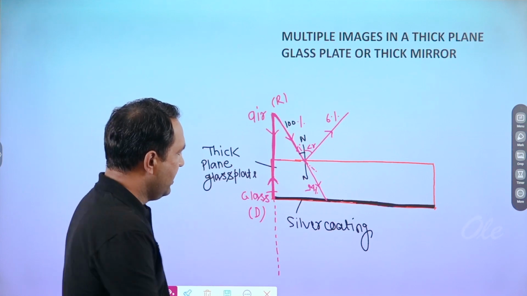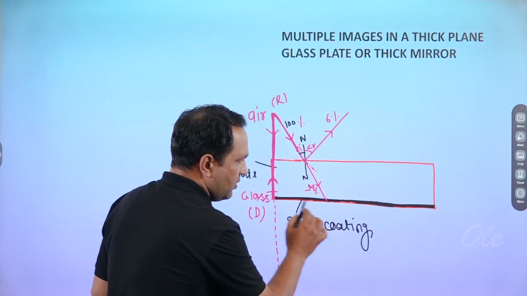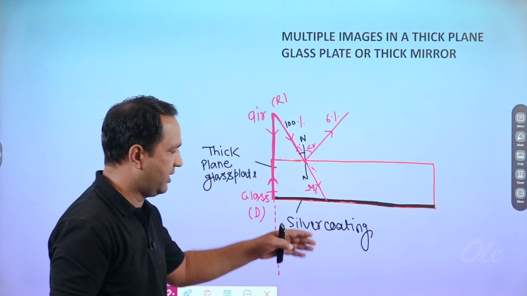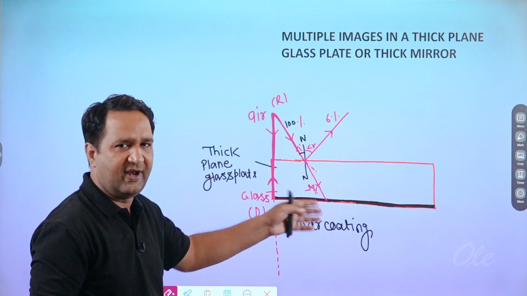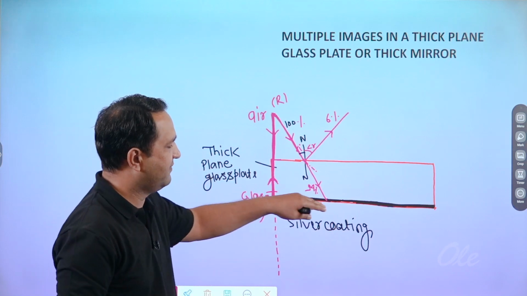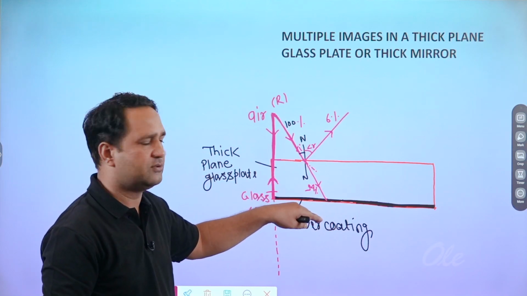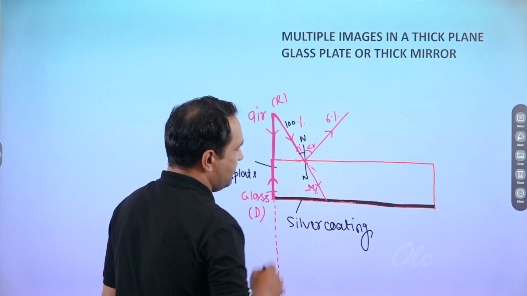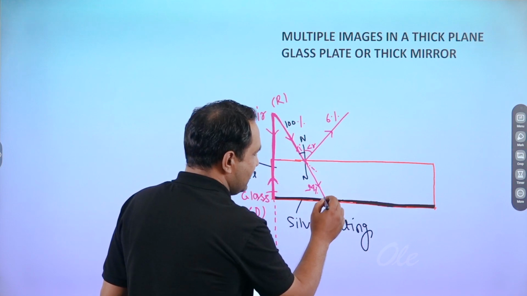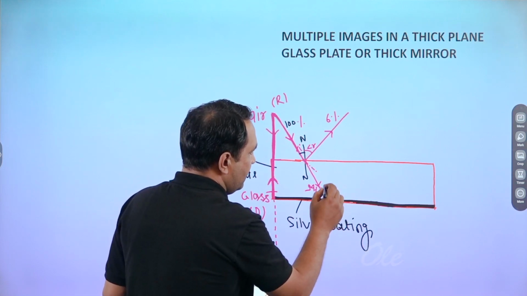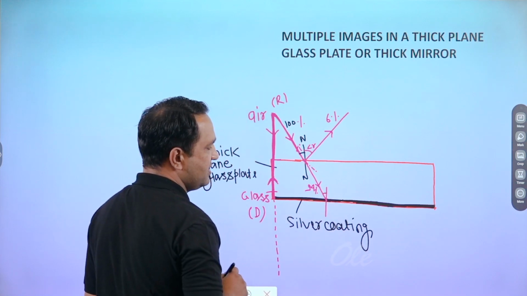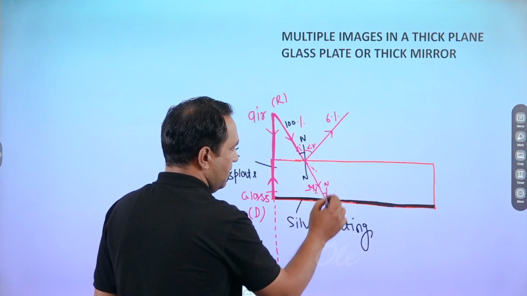Now, as this is silver coated, it has become a reflecting surface. So this 94% of the light ray will reflect now with the same angle. Here we are seeing that this is the angle of incidence with the normal, right?